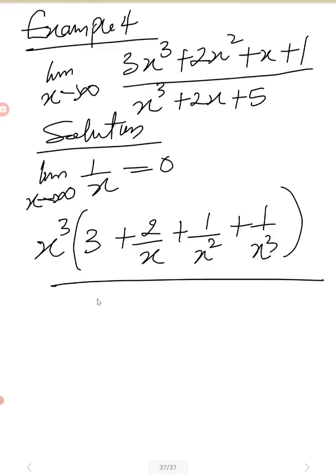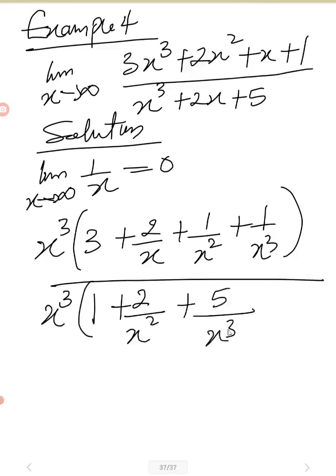For the denominator, let's also factor out x cubed. We say 1 plus 2 over x squared plus 5 over x cubed. So by the time you multiply x cubed with this, it also gives you 5. By the time you multiply x cubed with 2 over x squared, it will also give you 2x. So we are only using logic.